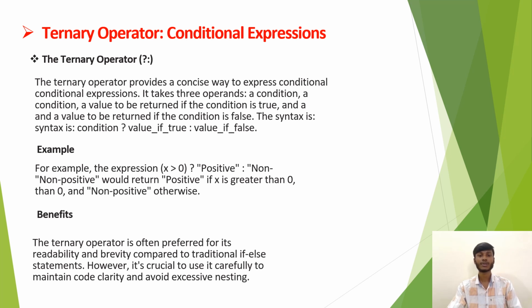For example, the expression x > 0 ? positive : non-positive will return positive if x is greater than 0 and non-positive otherwise. Benefits: the ternary operator is often preferred for its readability and brevity compared to the traditional if-else statement. However, it's crucial to use it carefully to maintain code clarity and avoid excessive nesting.